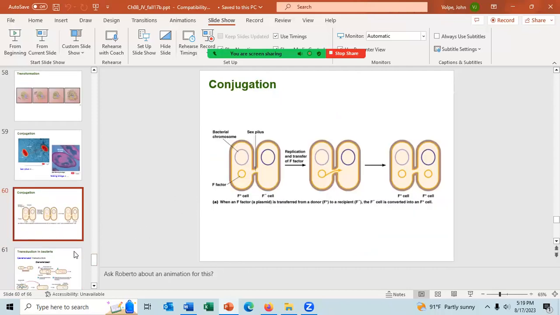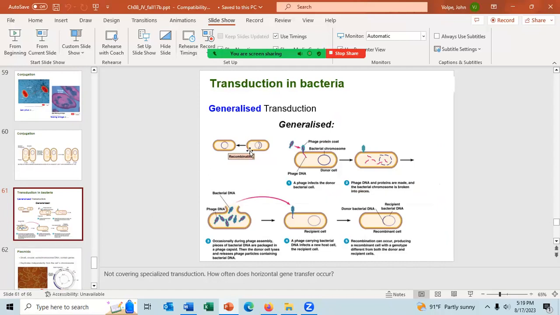The third way that genes can engage in horizontal gene transfer is with transduction. Transduction uses a virus, and we haven't talked about viruses yet. So we need to introduce viruses. Transduction can occur in human cells.